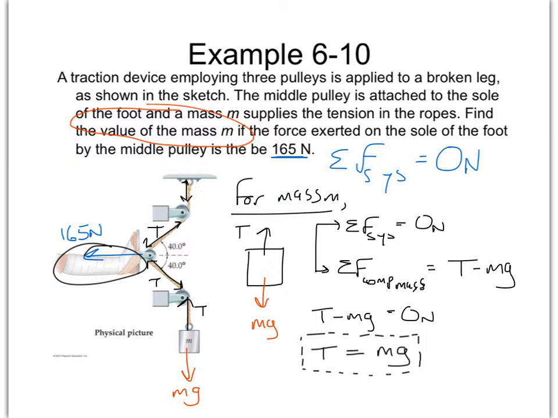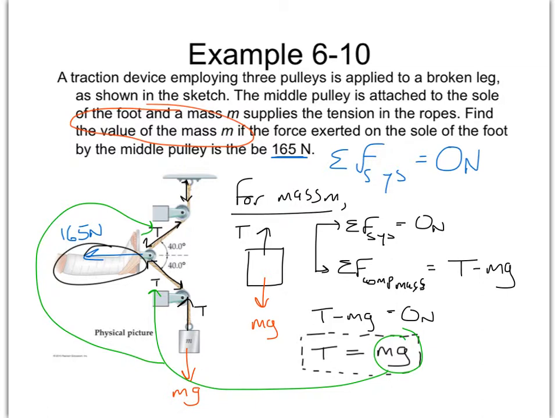So wherever we have tension here and here, we're going to substitute in mg. That tension in the string is mg, and that's what we're going to look at for the part of the problem where we actually address the foot.